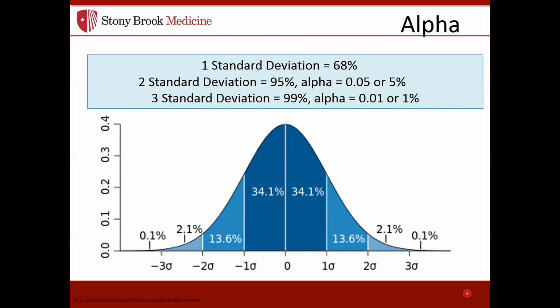This is also considered a normally distributed curve. 2 standard deviations are equal to 95% of your values, and you commonly see alpha set to 0.05, or 0.025 double-tailed for 0.05 or 5%. A 99% confidence interval with an alpha of 0.01 is 1%. This is 3 standard deviations.